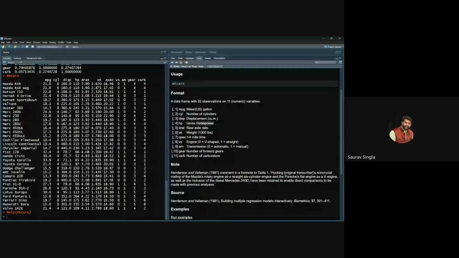Gross horsepower. Displacement. Number of cylinders. Okay. This is whether the engine is V-shaped or straight. Automatic or manual. Forward gears or number of carburetors. Okay. This is how this data is.